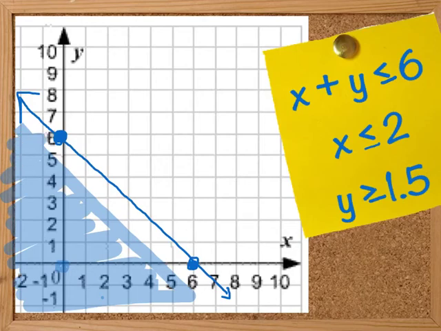Now let's go ahead and we'll graph the next one. X is less than or equal to 2. Just like with regular lines, an X line is going to be vertical. So if we're saying X is less than or equal to 2, that will be here at the point 2. It's a solid line.